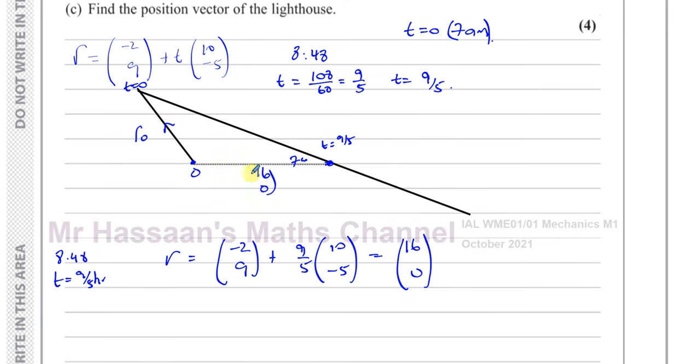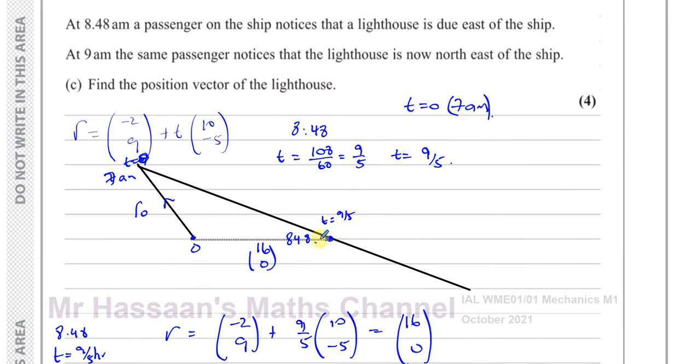You can say 16, 0. That will be 16i, that distance there. That's at 8:48. This is at 7, that's t equals 0 when it's at 7 a.m. Okay, so that's the first thing we can see, that the ship is going to be at this point.